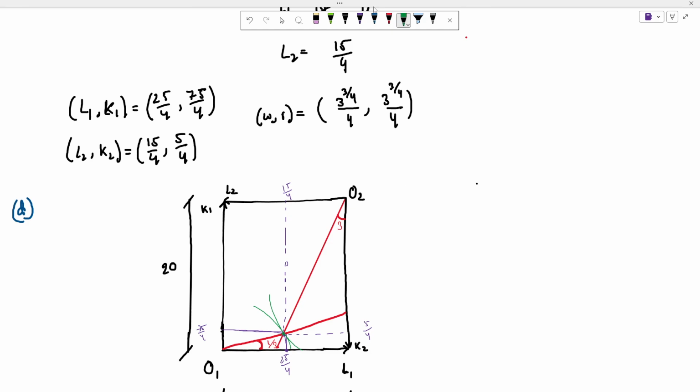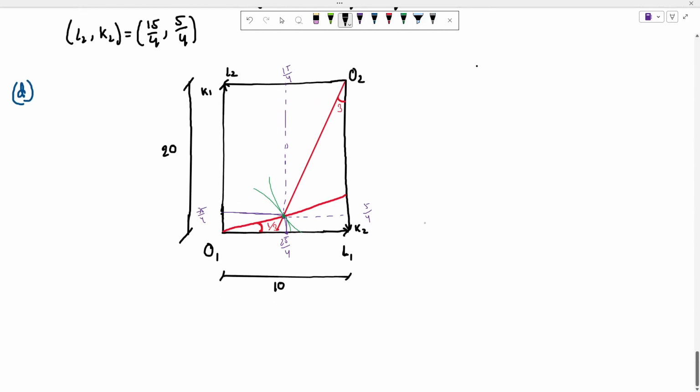So for the second question, the Edgeworth box would change.